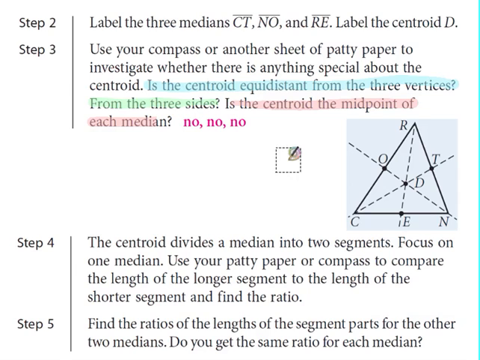Measure the longer segment, then the shorter segment, and see if you notice something. If you're a little unsure because of the measurements, move to one of the other medians and try it again. Measure the longer segment and then the shorter one.